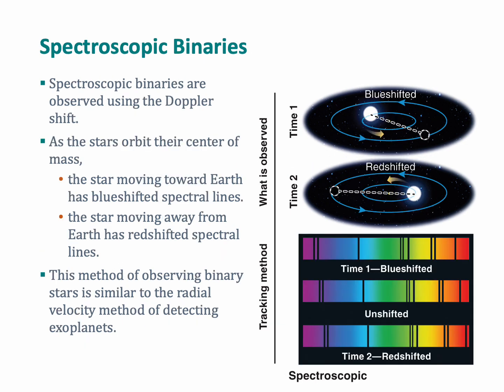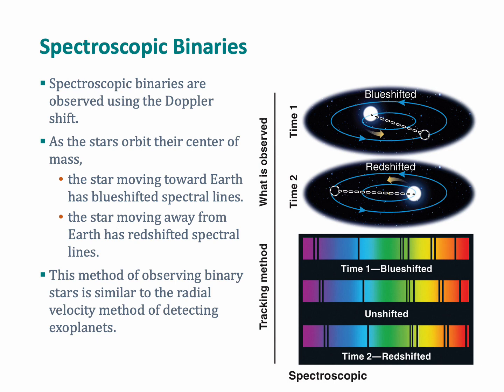Another way to observe binaries is spectroscopically. In this case, we're going to be using the Doppler shift. As the stars are orbiting their common center of mass, the light from one star will be red shifted and the light from the other star will be blue shifted, and then it'll switch.